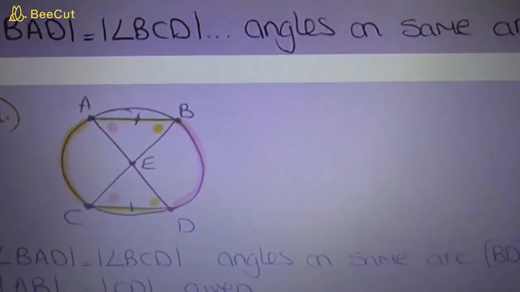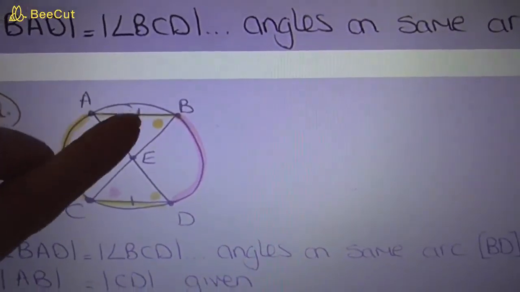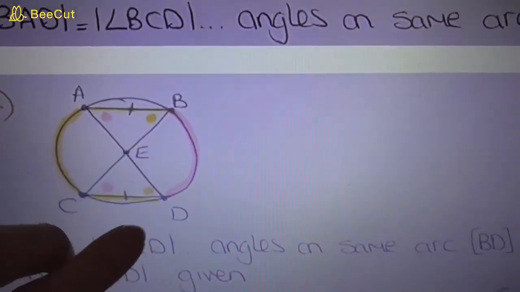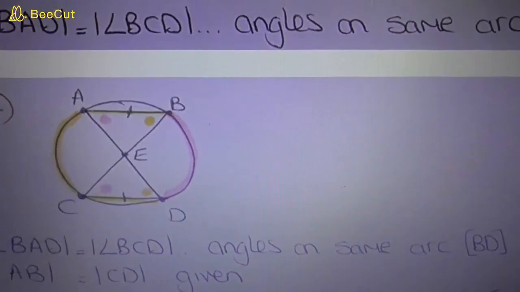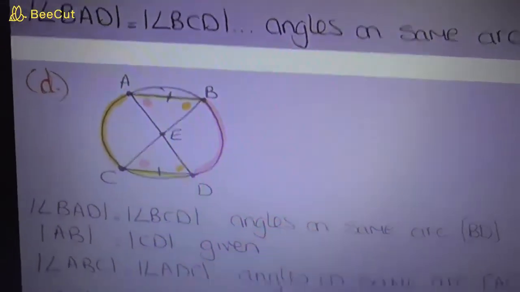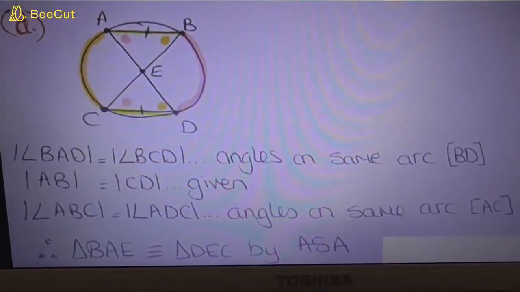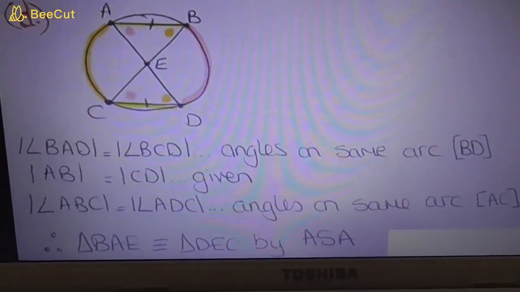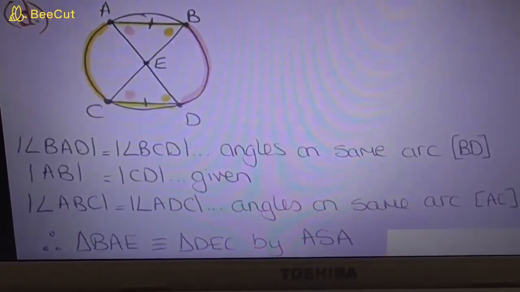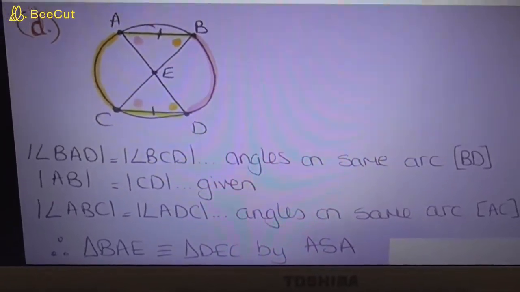Okay, so now looking at what I've just figured out, I have an angle, a side and an angle. So I've now proven that they are congruent. Make sure your labelling is all accurate and your reasonings are there as well and visible. So triangle BAE is congruent to triangle DEC by angle, side, angle.